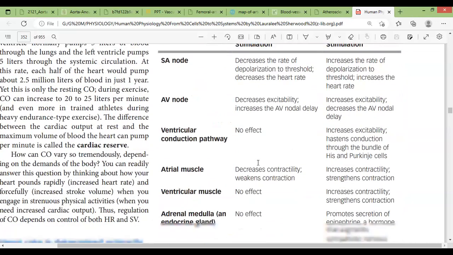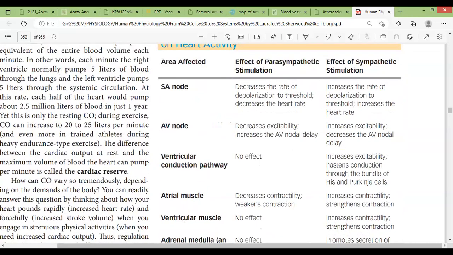So let's see the effect the parasympathetic and sympathetic have on heart activity. Let's start with sympathetic. This is adrenaline, and we expect adrenaline to increase heart rate, right? It decreases the AV nodal delay, and once you decrease that delay, you are also increasing heart rate.